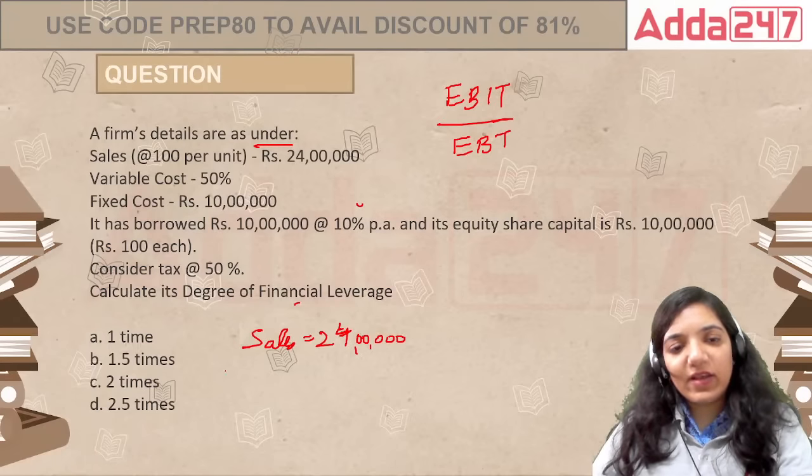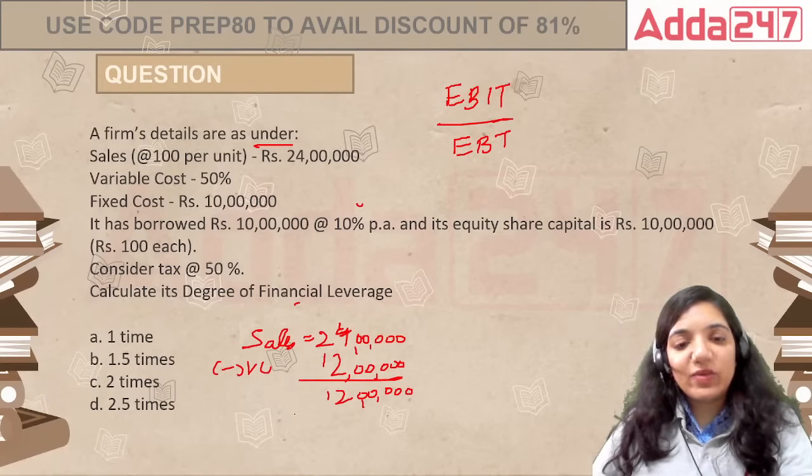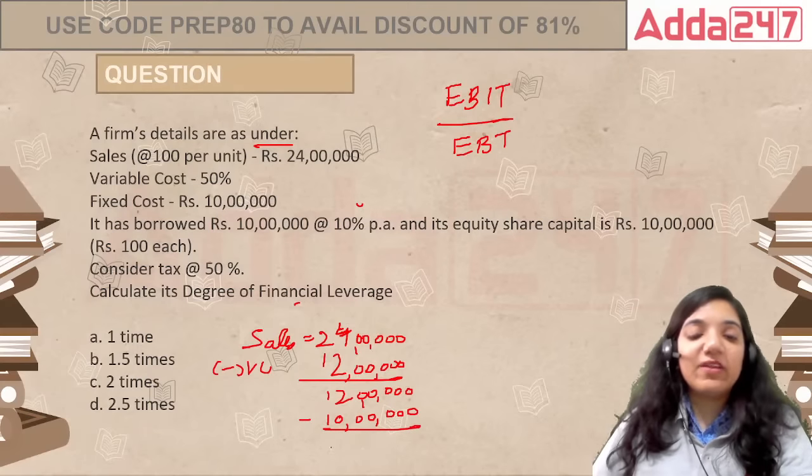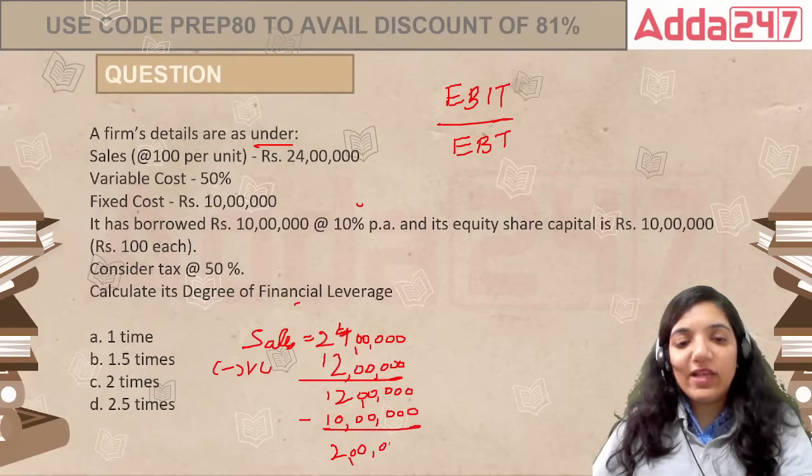From this 24 lakh, you have to remove the variable cost, which is 12 lakh, 50% of it. What is left? The remaining part is 12 lakh rupees. Then from this 12 lakh, remove the fixed cost. Fixed cost is 10 lakh rupees. We are just left with 2 lakh rupees.